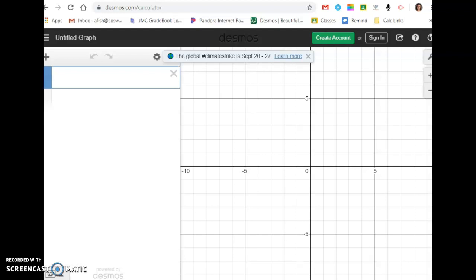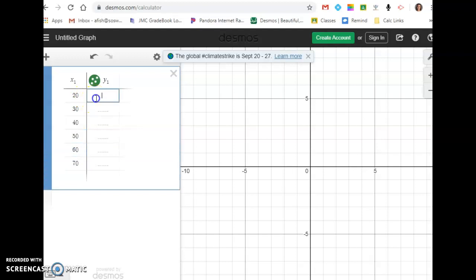If you click on this, this will show up and give you some options. We're going to list a table. It's going to automatically pull it up as x1 and y1. So thinking about my data set here, my angle determines how many feet that pumpkin is going to fly. So my angle is going to be my x. So I'm going to enter that data into my x and y coordinates respectively.